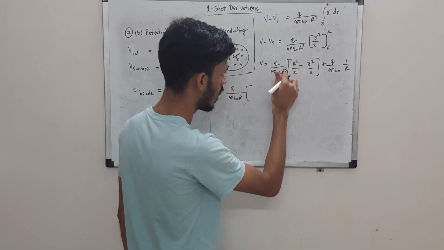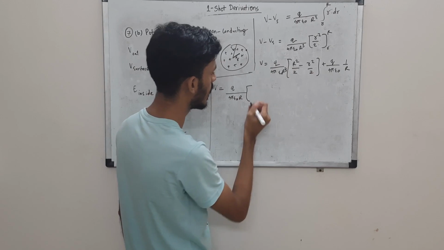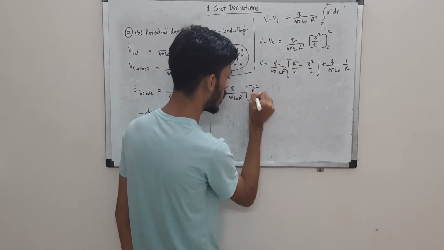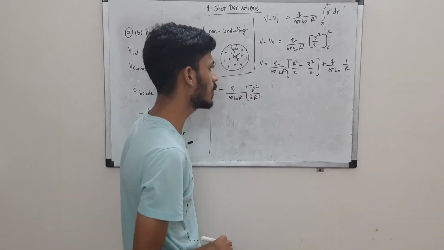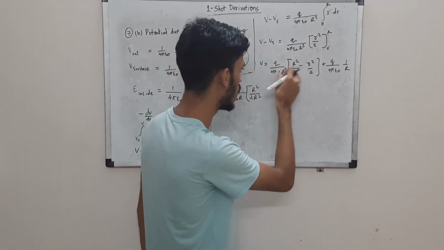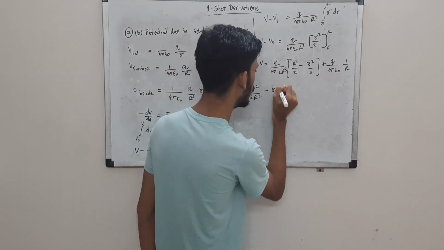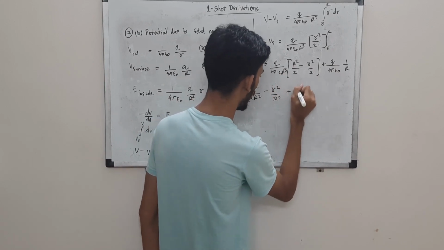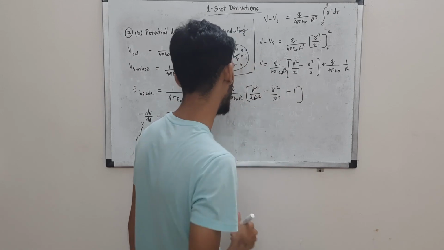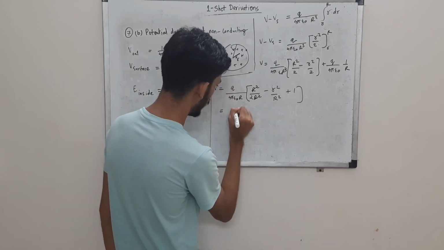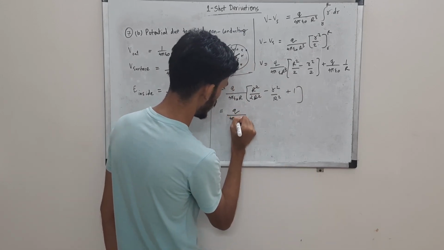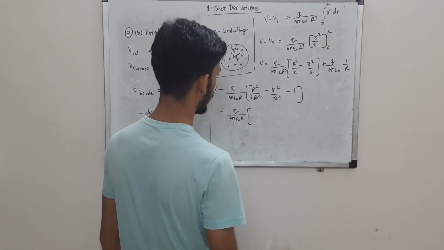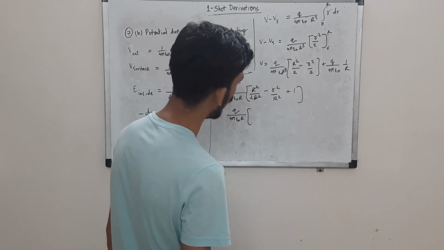So this R cube will go inside as R square. R square divided by 2 R square, so I'm giving the R square part inside both of these terms, and this whole thing is taken common, so plus 1. This and this will get cancelled, and we are left with q upon 4πε₀R. This is half and this is 1, half and 1, 3 by 2.